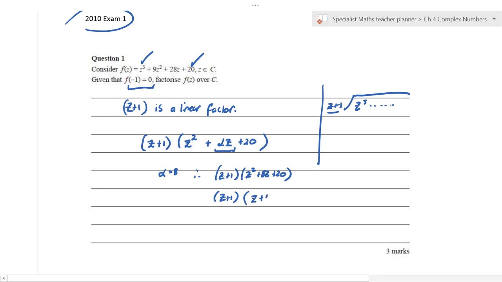z plus 4 all squared, minus 16 plus 20, like so. So we can say that f of z is equal to that. We don't like wanting nothing equal to something. Now, in the methods course, you're going to have z plus 4 all squared plus 4 here.